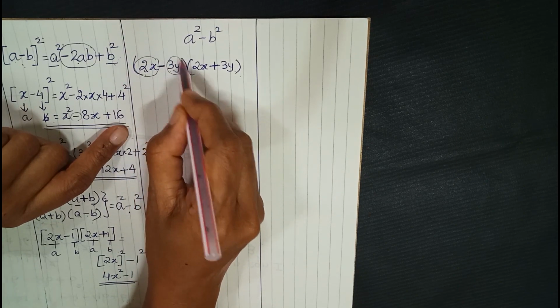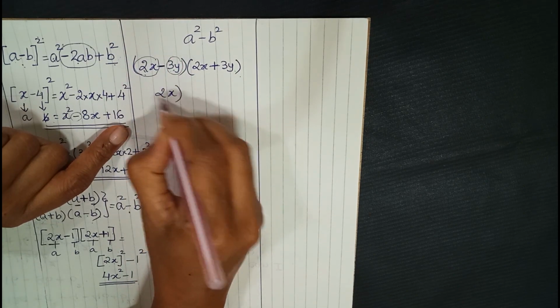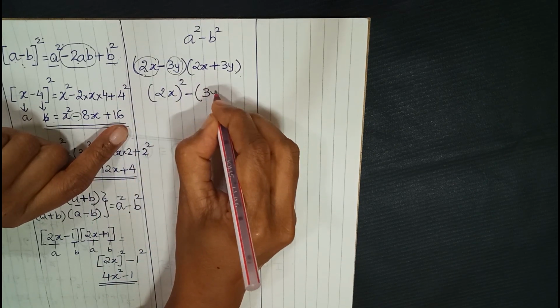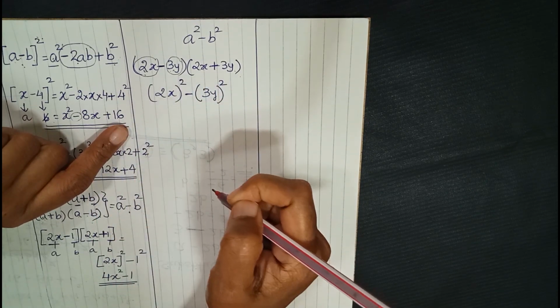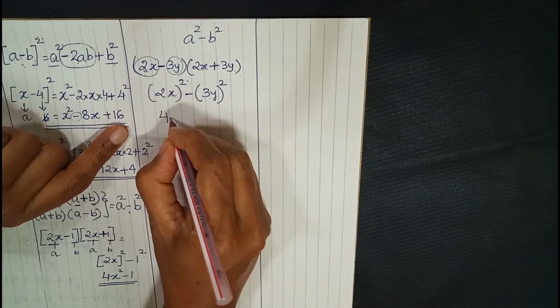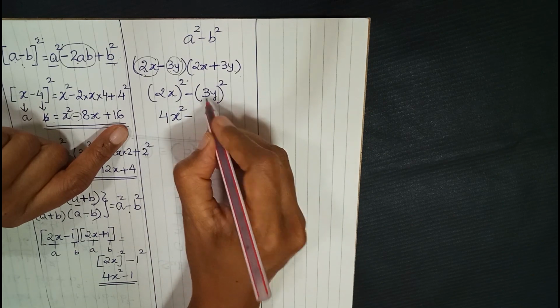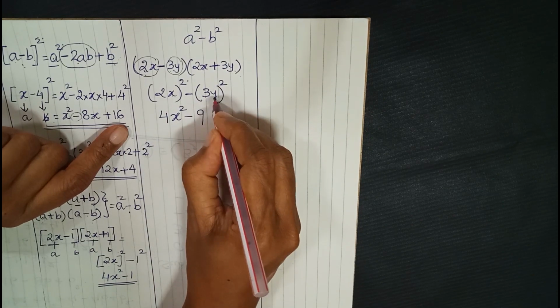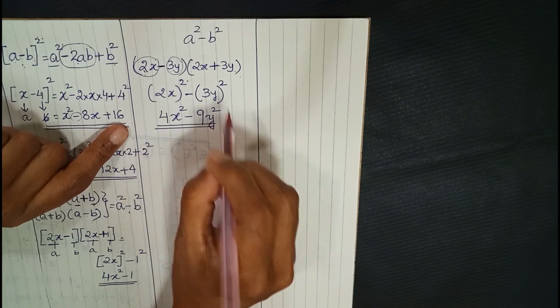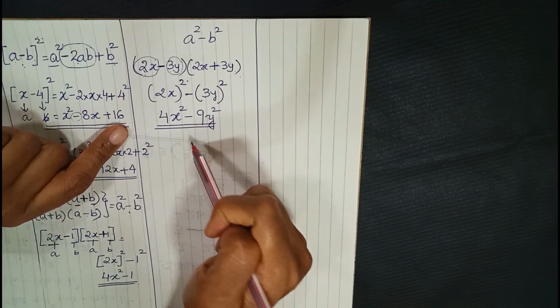And what is b? 3y. So when I say a square, it will become 2x whole square minus b square. B square is nothing but 3y whole square. So we just open the bracket. 2 square is 4 and x into x is x square, minus 3 square is 9 and y into y is y square. So this becomes the answer for a square minus b square.